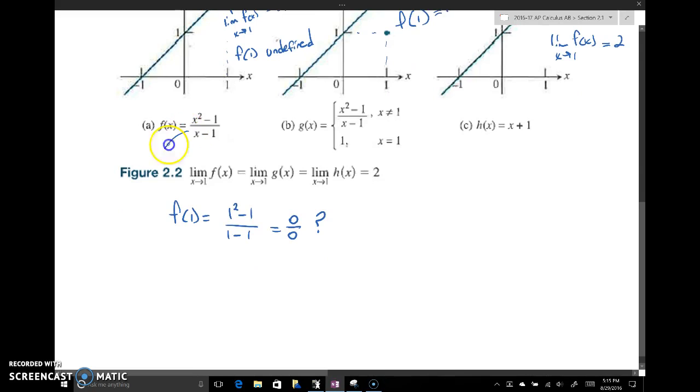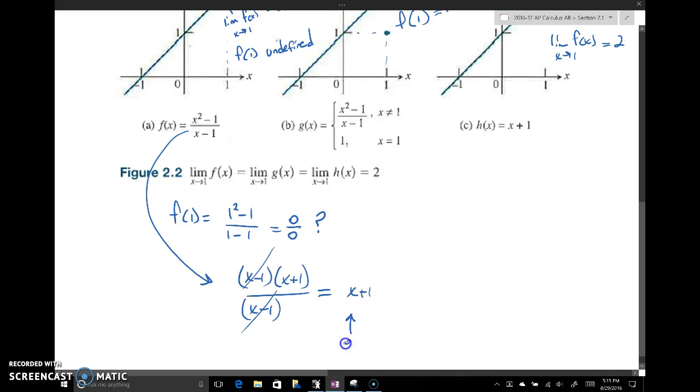One of the tricks that you'll learn is extended functions. So here we could factor the top, and we would get x minus 1 and x plus 1 over x minus 1. And so the extended function is x plus 1.